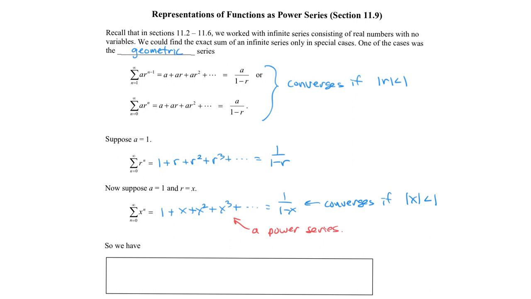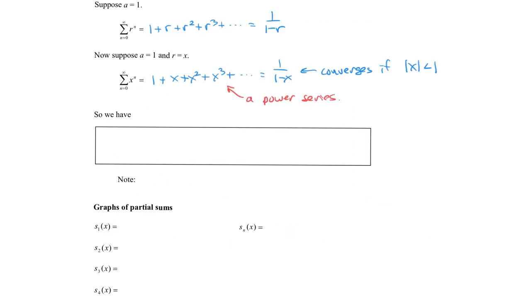So we just started with a geometric series and ended up with this power series after making a couple of substitutions. So 1 over 1 minus x is the same as 1 plus x plus x squared plus x cubed plus dot dot dot if the absolute value of x is less than 1. I'm just writing this in the other order.